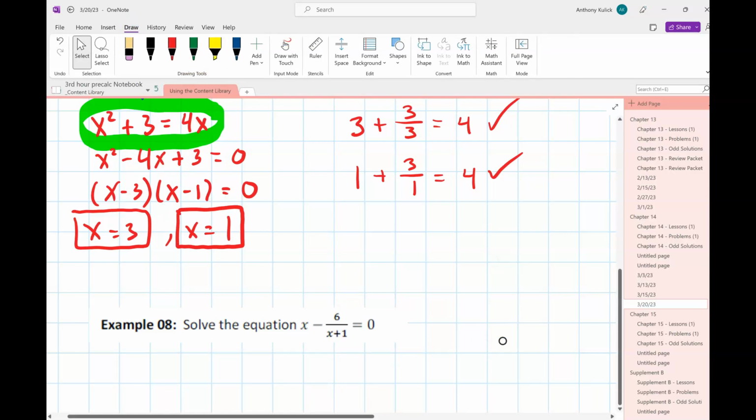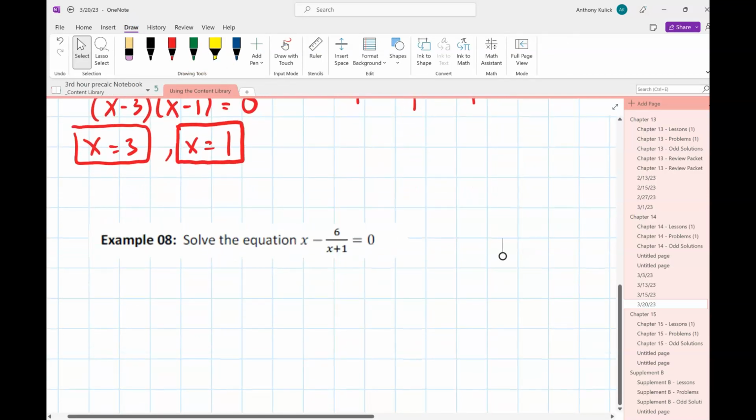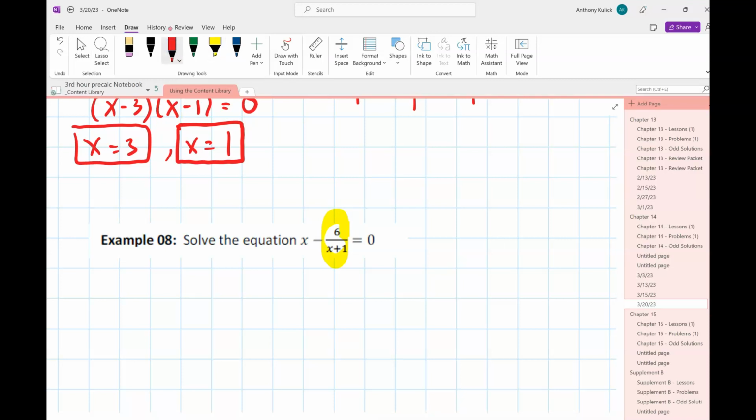So we have (x minus 6) over (x plus 1) equal to 0. Do I have a rational function here? Yeah, where is it? That's my rational. So I need to multiply both sides of this by something so that the x plus 1 in the denominator goes away.